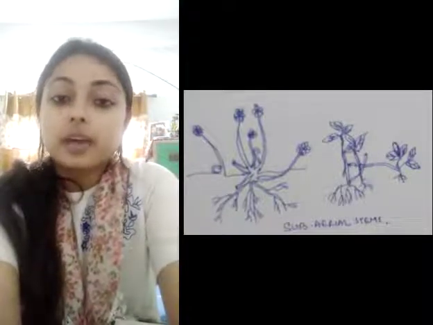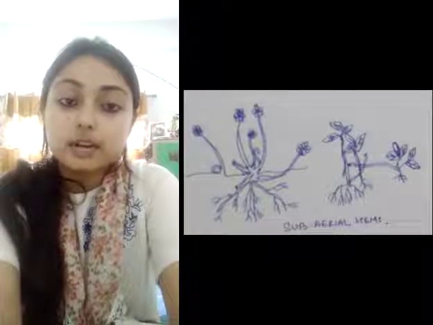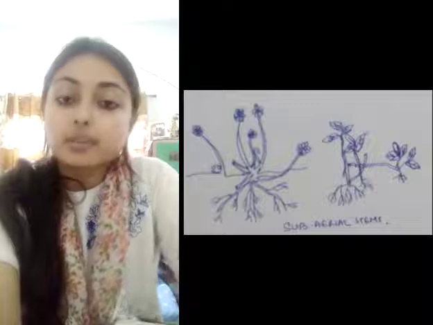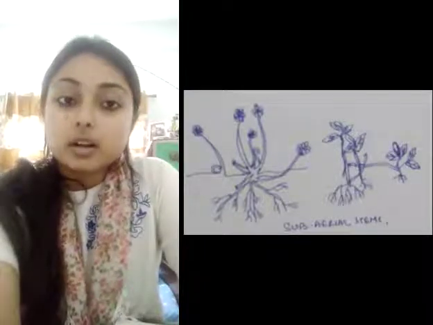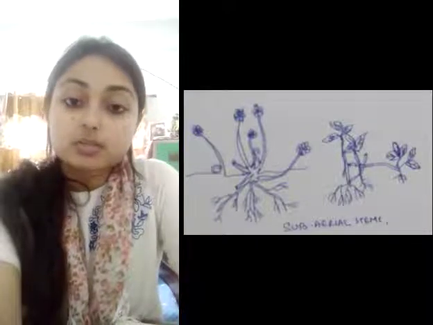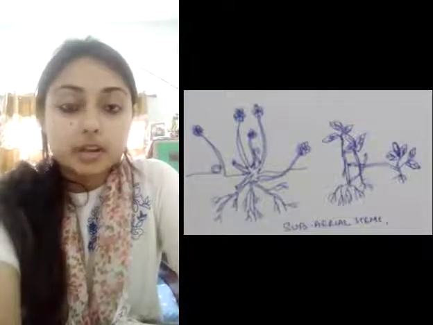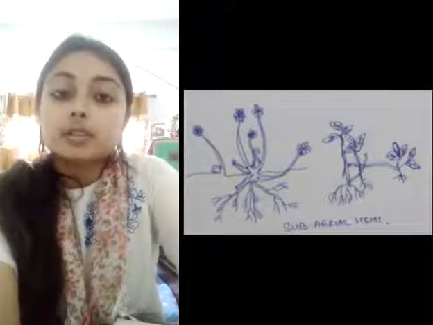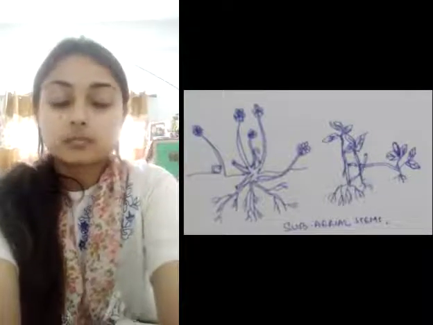After runners, we have stolons. What are they? They are lateral branches which arise from the base of the stem. They run on the ground and on touching, it gives rise to adventitious roots. And these adventitious roots form a new plant. For example, we see it in case of strawberry.